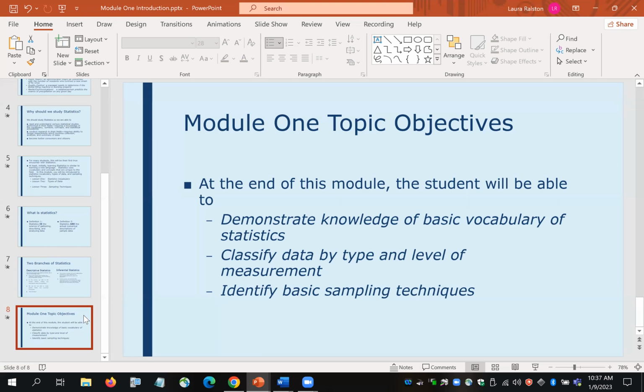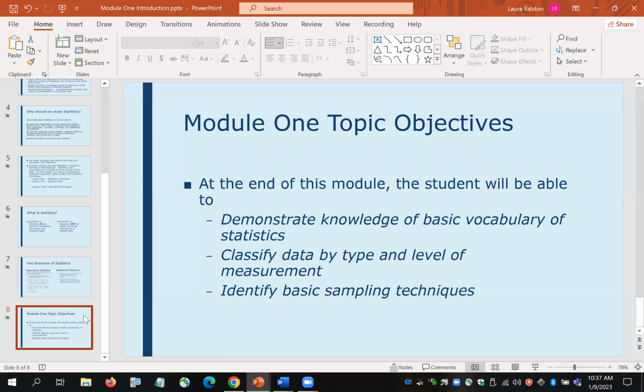So throughout module 1, our focus is going to be pretty much on learning the vocabulary. Now, I will say, in terms of the way the information is presented on your practice problems, on the homework quizzes, on the test, it is more of an application.